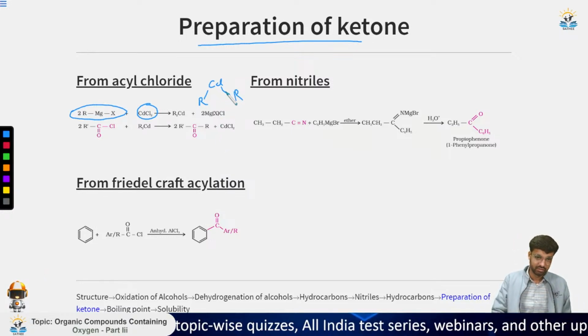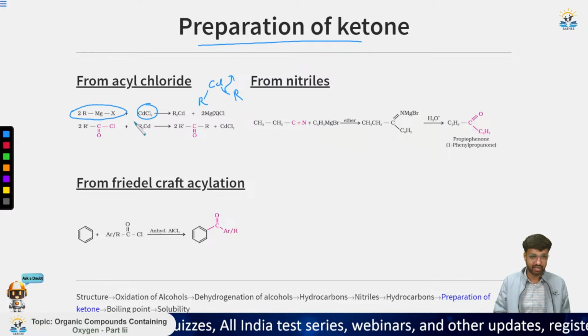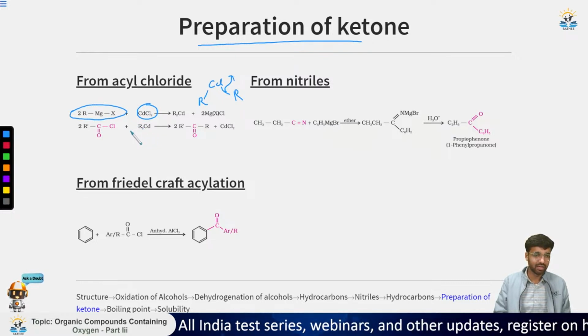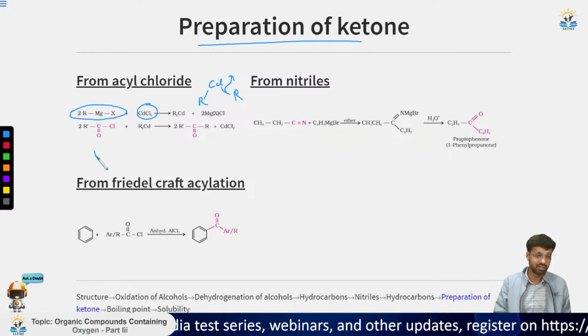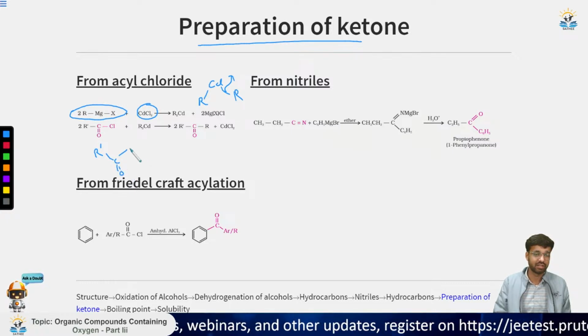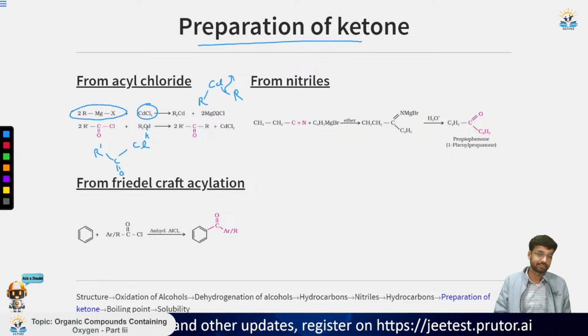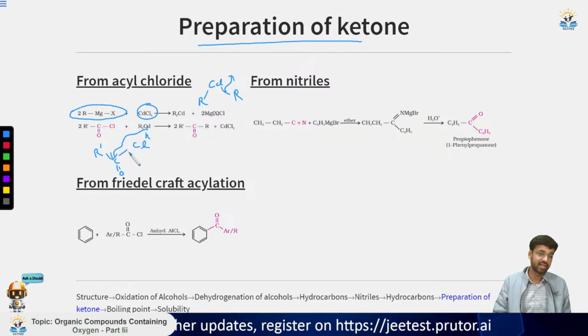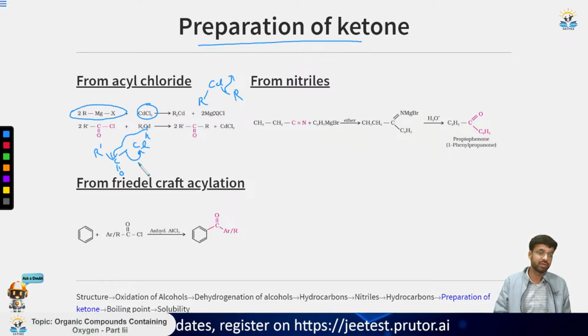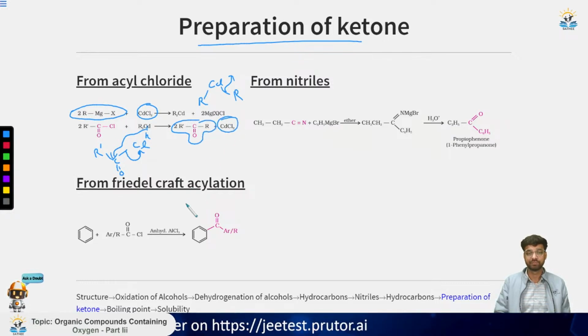So we take this R2Cd. Now one of the R attacks on this nucleophilic center, so it is a very good electrophilic center, that is acyl chloride. One of this R moves here and attacks here, and this Cl is a good leaving group, so it leaves, and we get a ketone here plus CdCl2.